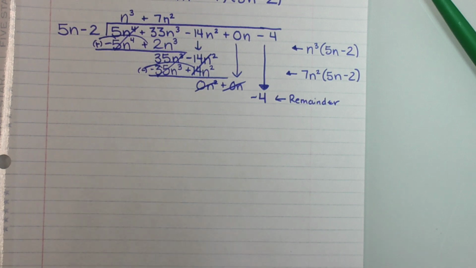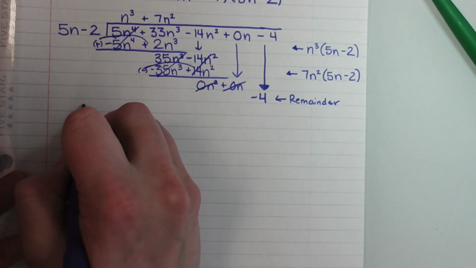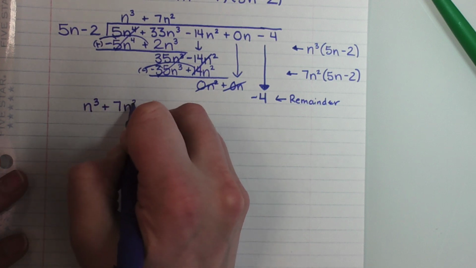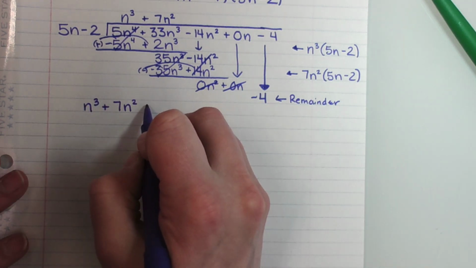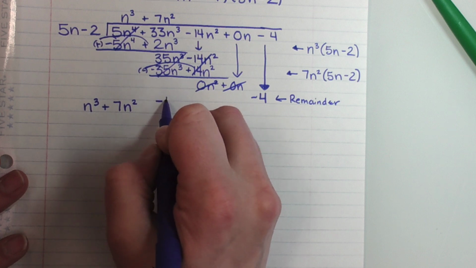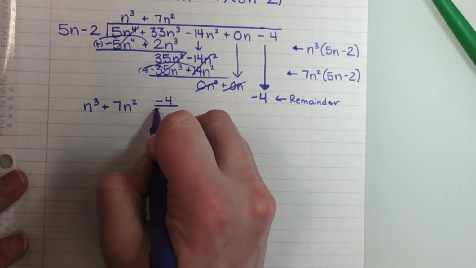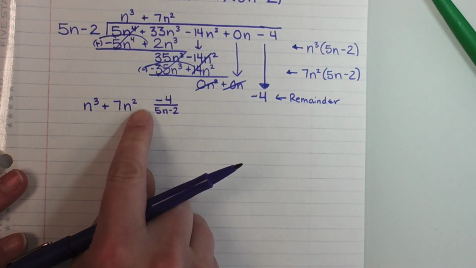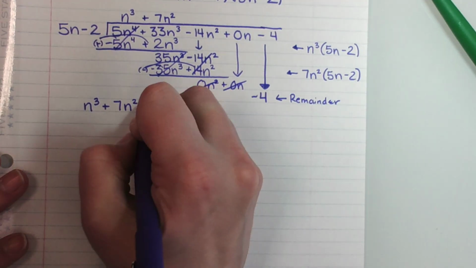Isaac, what's that make our final answer? N cubed plus 7n squared, negative 4 over 5n minus 2. What needs to go in between? Plus.